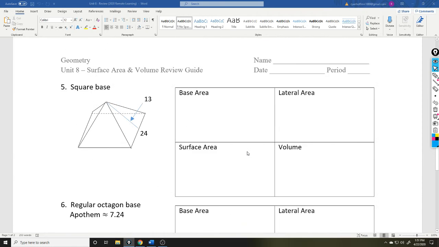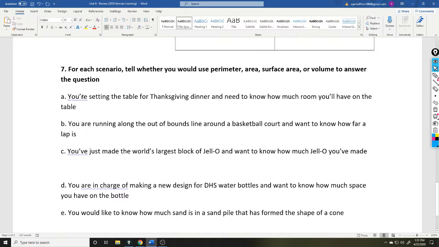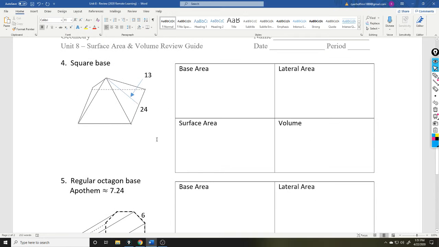Messed up my numbering. Let me fix that so that when I go to reconvert the file. This is 4. This is 5. And this is 6. There we go. Saving that. Okay.